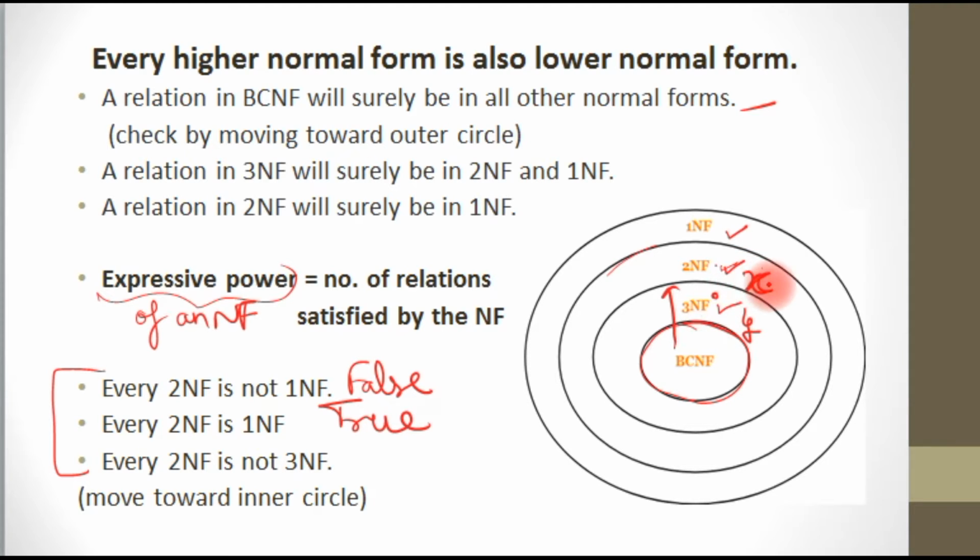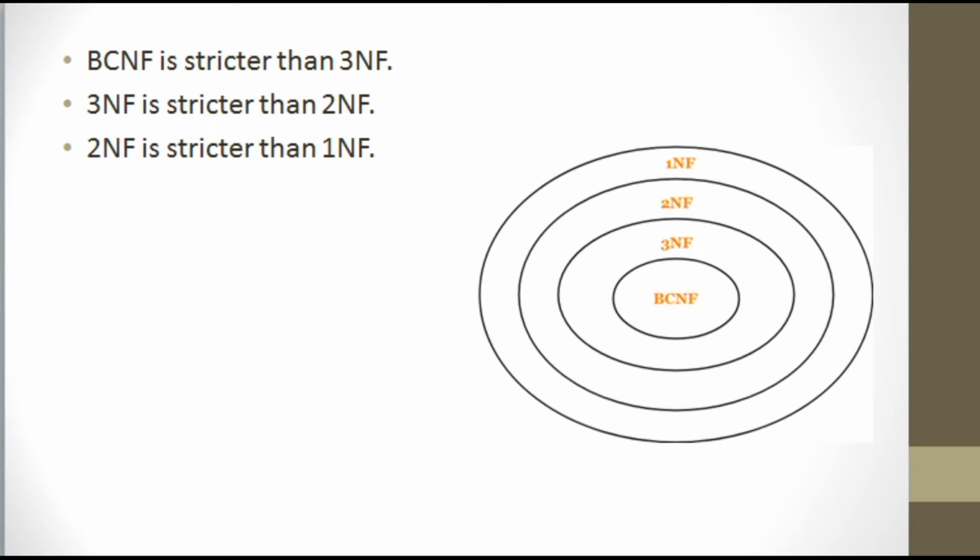So we can say that every 2NF is not 3NF, and it is true. For this, we can move toward the inner circle. Now we can say that BCNF is stricter than 3NF, 3NF is stricter than 2NF, and 2NF is stricter than 1NF.